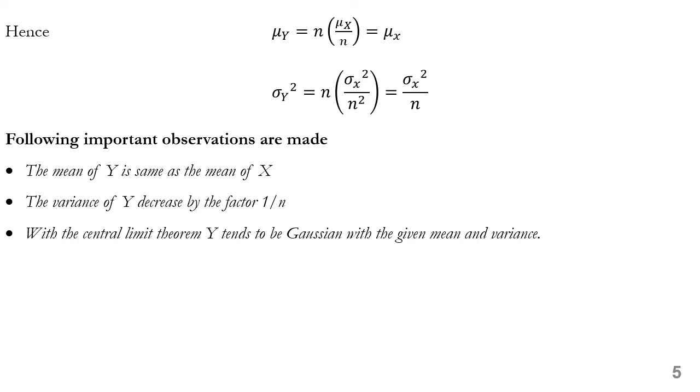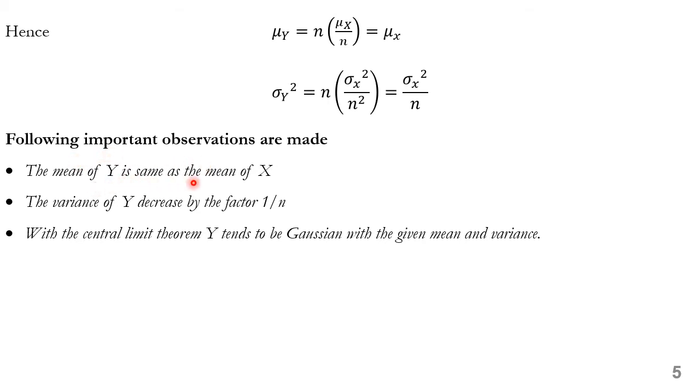Therefore, we can say that the mean of Y is equal to n times mu x by n, that is equal to mu x, and the variance is equal to n times sigma x square by n square, that is equal to sigma x square by n. So, the following important observations are made.